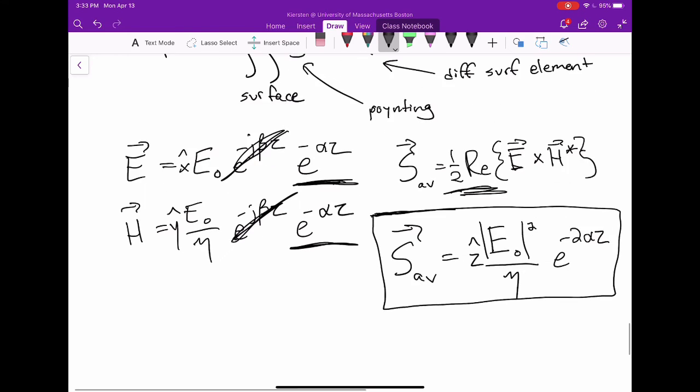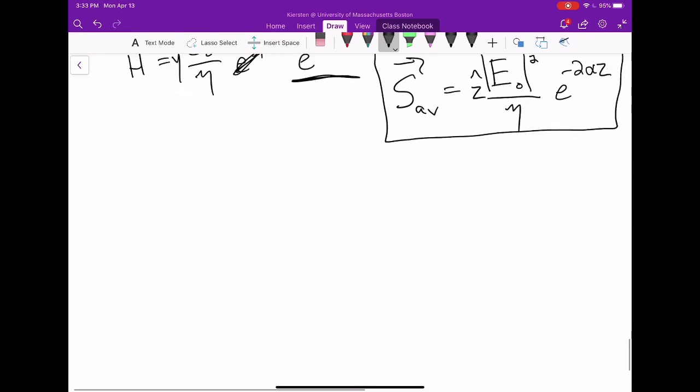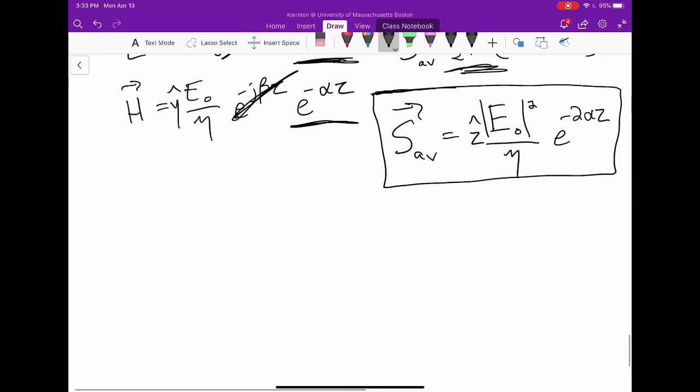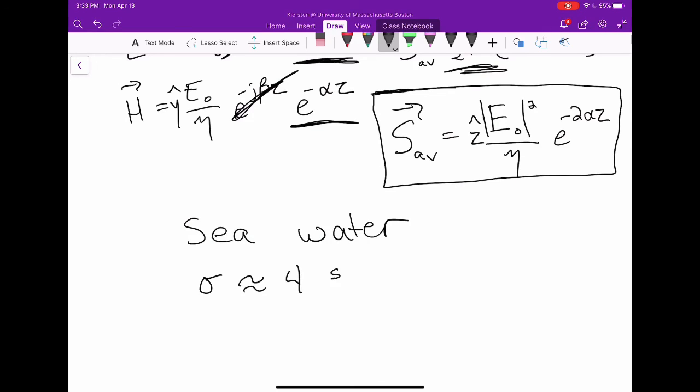All right, now the activity for today that I want you guys to try out is an example about plane waves in lossy media, about seawater. So the conductivity of seawater is about 4 Siemens per meter, and its relative permittivity is about 80.